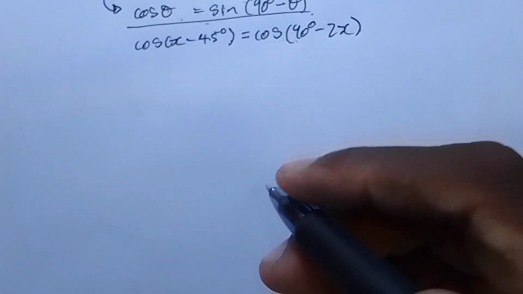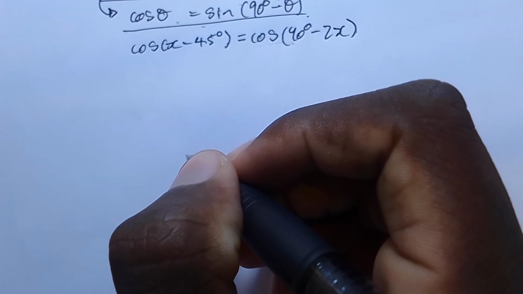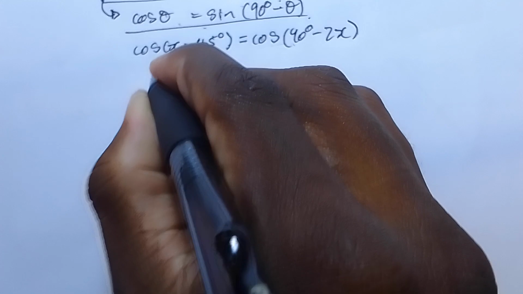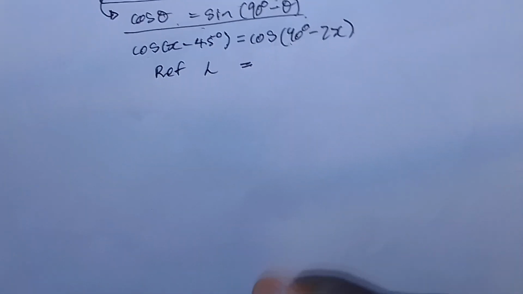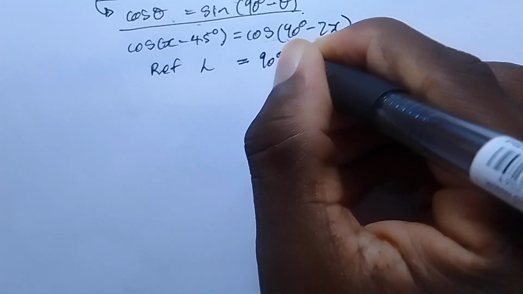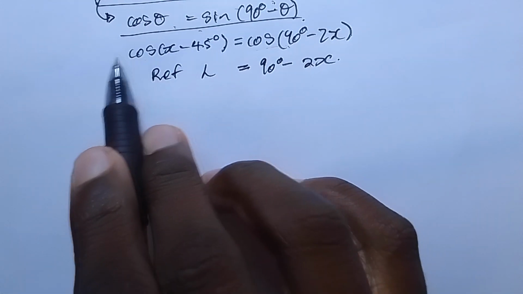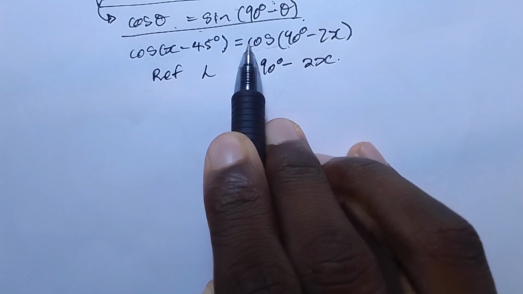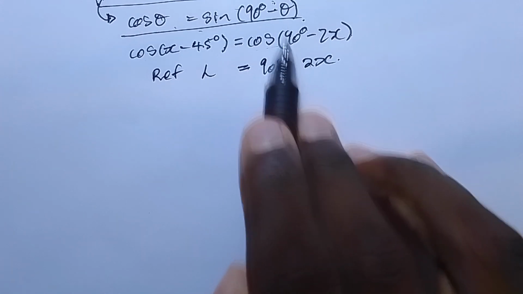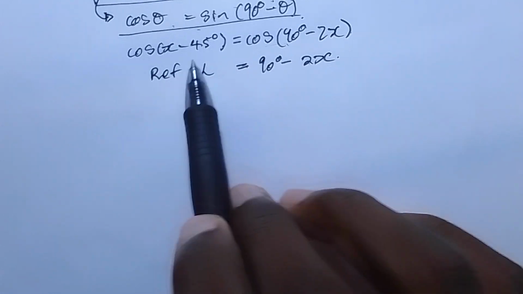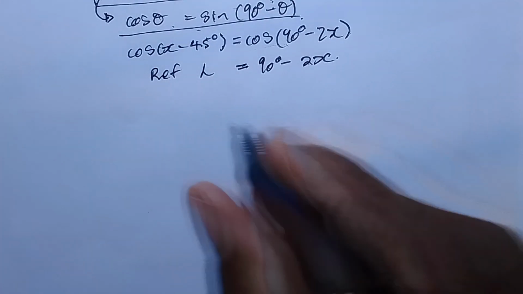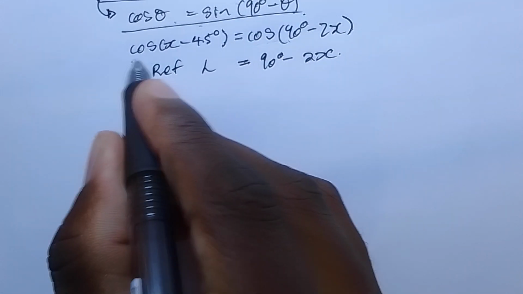What we do is that we find the reference angle. The reference angle in this case will be 90° - 2x, because if you put a cos here and a cos there, you will have 90° - 2x equal to the reference angle we want. Now this is cos.